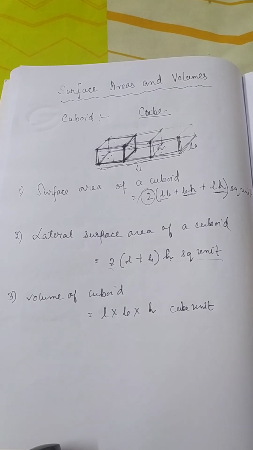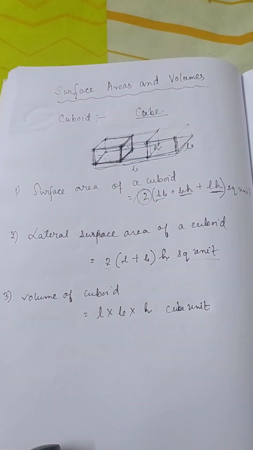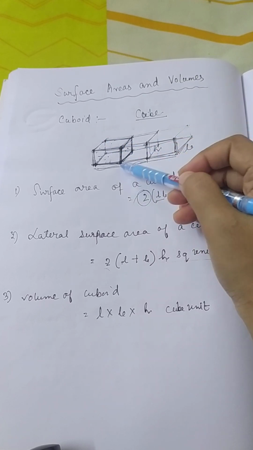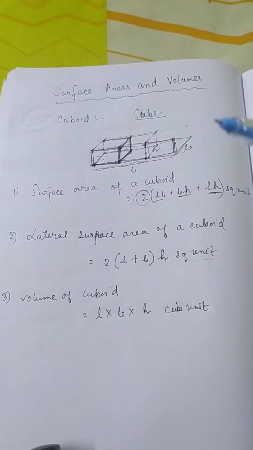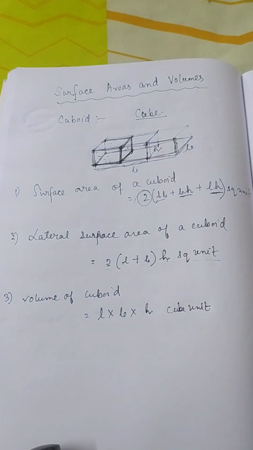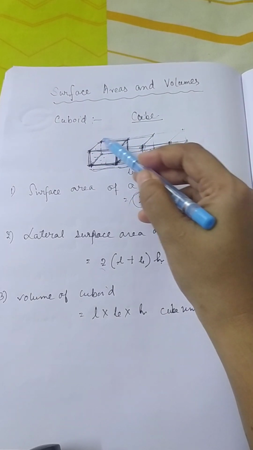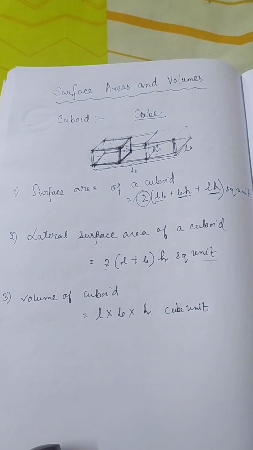The ceiling of the room is the top surface. Your right hand side wall and your left hand side wall are another two surfaces or faces. Your front side wall and your back side wall are another two surfaces. That means if you look very closely, this cube or your room has 6 faces: top, bottom, right side, left hand side, front side and back side.